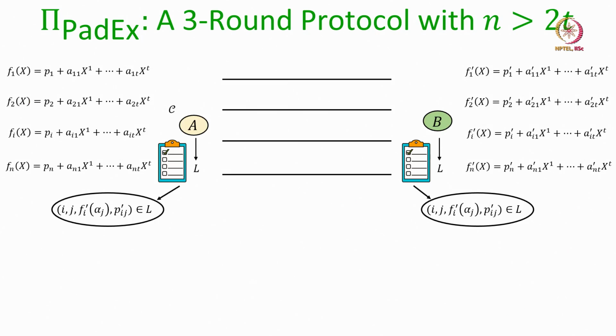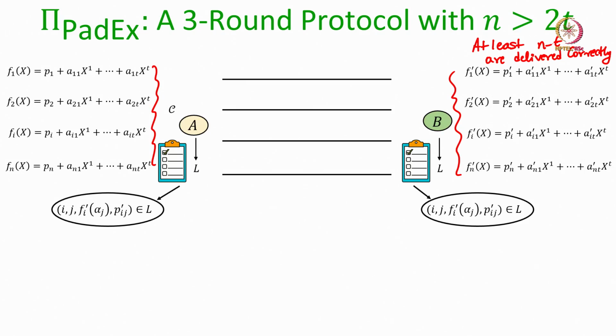Now, remember party A also has the full set of polynomials which it has selected and communicated to party B during round 1. So the scenario right now is the following: party A has a set of n polynomials, party B has a set of n polynomials. Among those n polynomials, at least n minus t are delivered correctly to B, but B does not know which polynomials have been delivered correctly and which are delivered incorrectly.